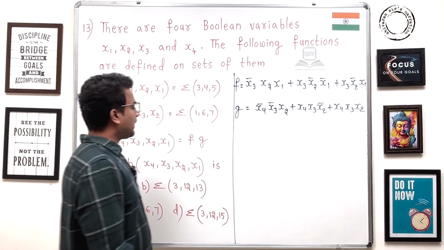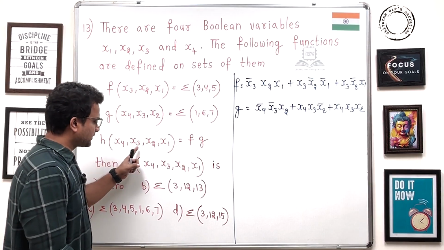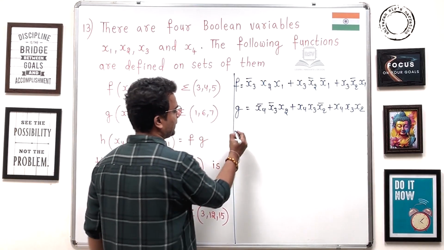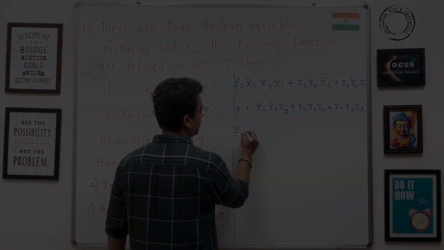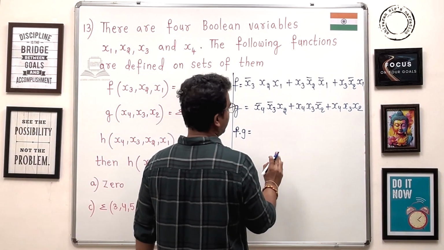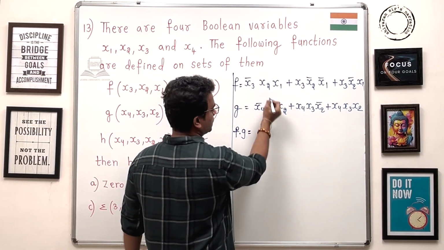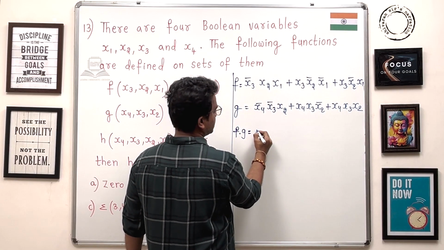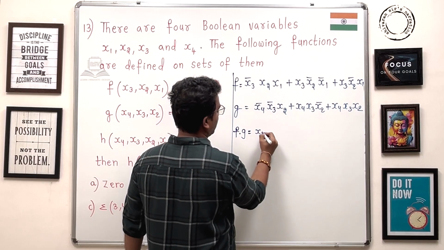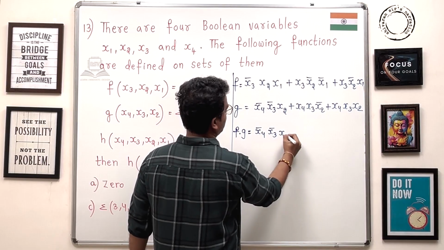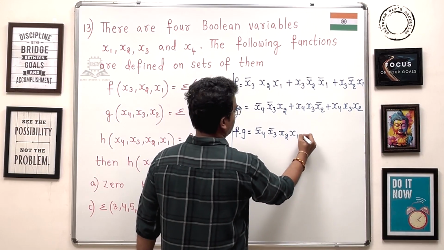Okay. Now what they told, h of x4, x3, x2, x1 is equal to f into g. Let's multiply f into g. We get x3 bar, x3 bar, like these two terms get multiplied. Then x4 bar, x3 bar, x2, x1.